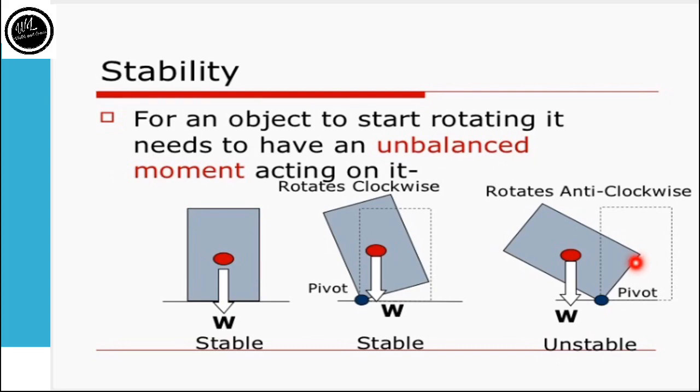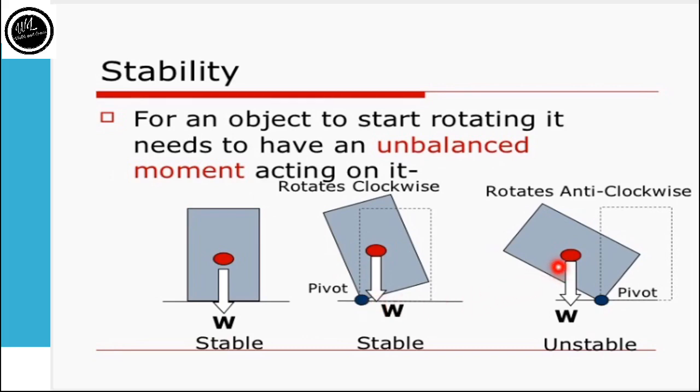From this we understand that, firstly, for stable equilibrium, the body is at the lowest center of gravity. When we tilt the body in stable equilibrium, its center of gravity rises and it should pass through the base of the object.